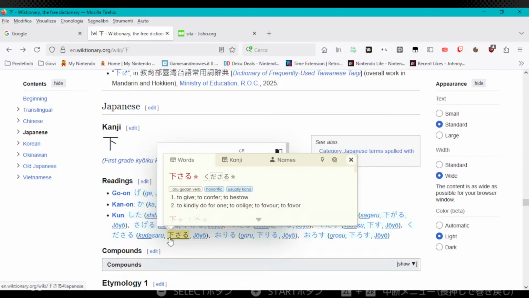And also, as it shows in the second meaning here, it also means to kindly do for one, in the sense that when we find the te kudasaru combination, as we have seen, when we have the verbs of give after te, they mean making the favor of doing that action for somebody else.